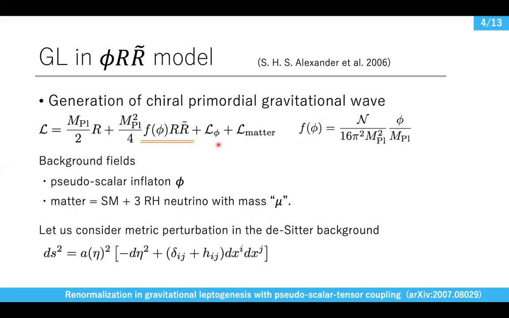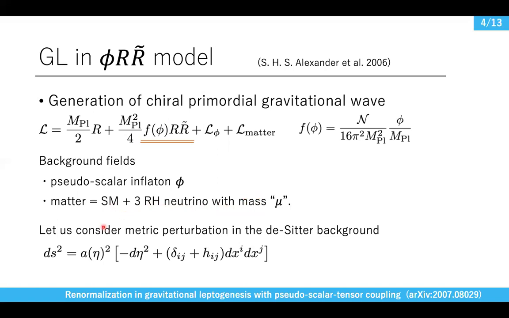The pseudo-scalar inflaton phi and matter fields are taken as background, and we assume standard model particles with three right-handed Majorana neutrinos in the matter sector. For simplicity, we consider the case where these neutrinos have a common mass scale mu. So this is the setup.